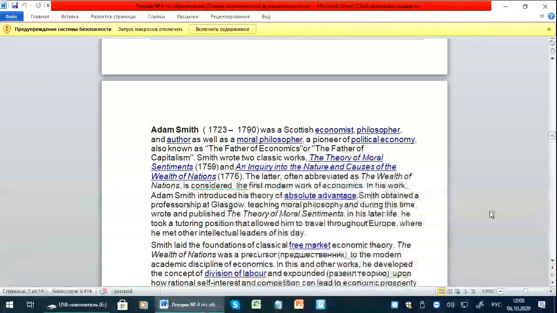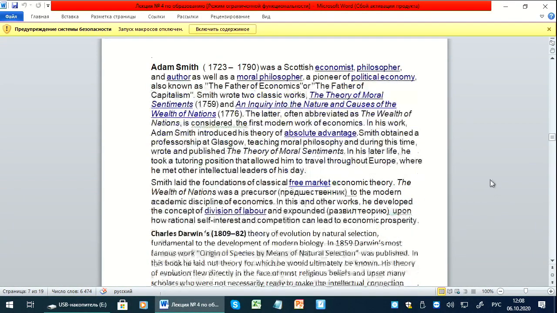The Wealth of Nations was a precursor to the modern academic discipline of economics. In this and in his other works, he developed the concept of division of labor and expounded on how rational self-interest and competition could lead to economic prosperity.